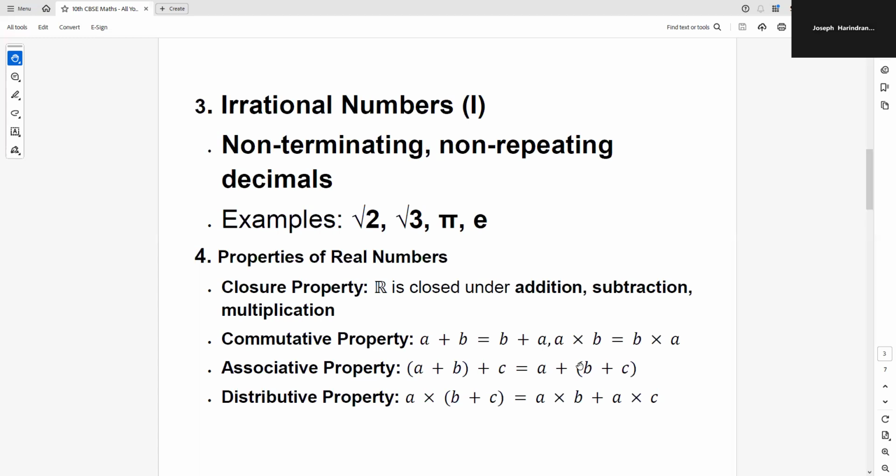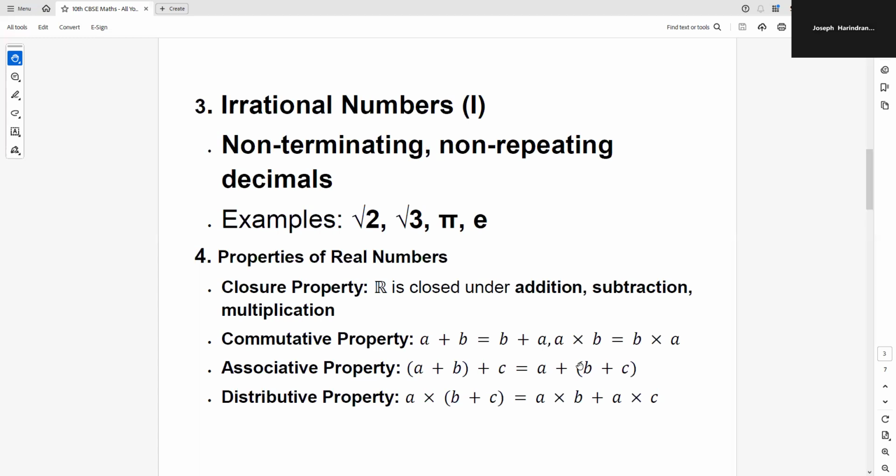When we come across this pi, we can take it as 22 by 7, but it is not correct. It's not the exact value, it's not a rational number, because 22 by 7 is in the p by q form, but it is an approximation.